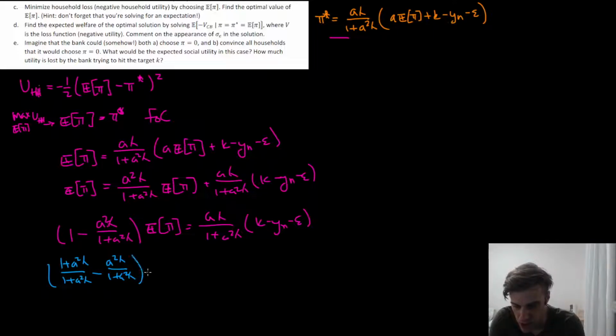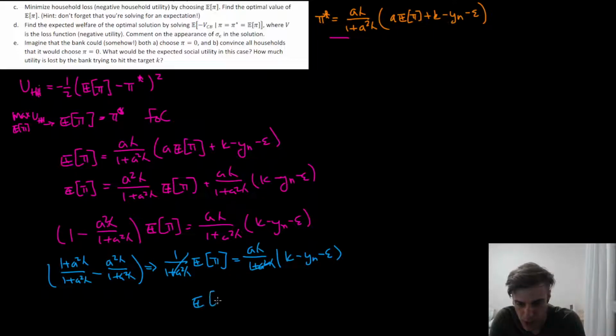We're going to end up with just 1 over 1 plus A squared lambda, equals A lambda over 1 plus A squared lambda K minus YN minus epsilon. Bring it over, and so this is going to cancel with this, and we're going to get the expectation of pi is equal to A lambda K minus YN minus epsilon.